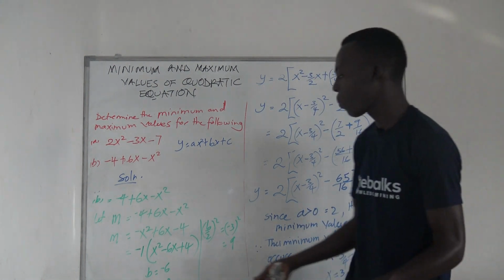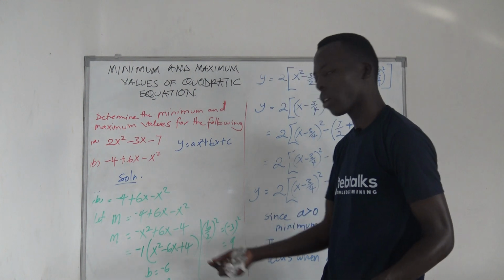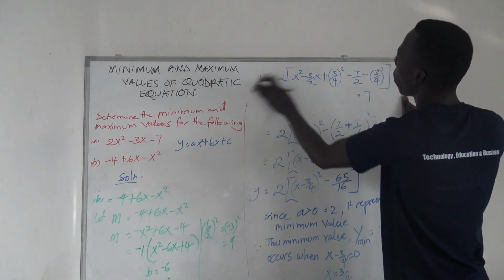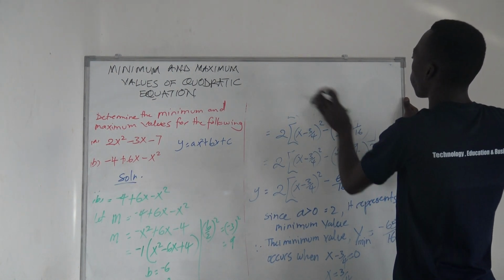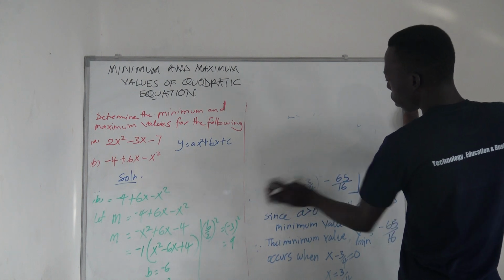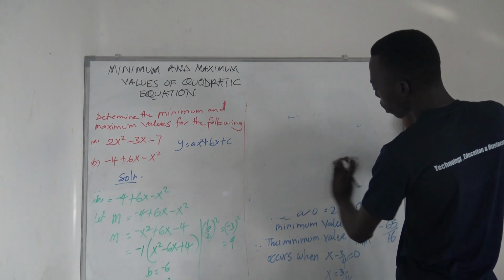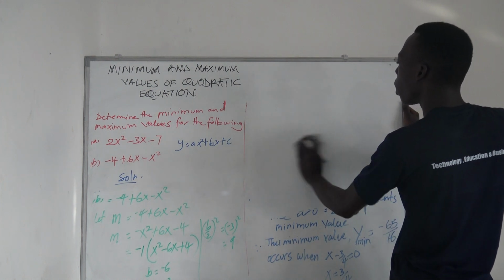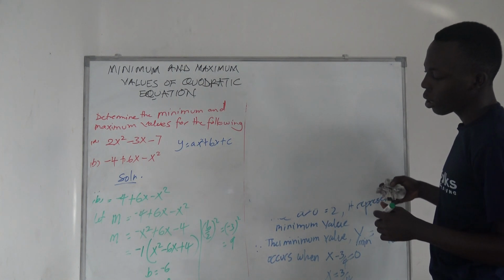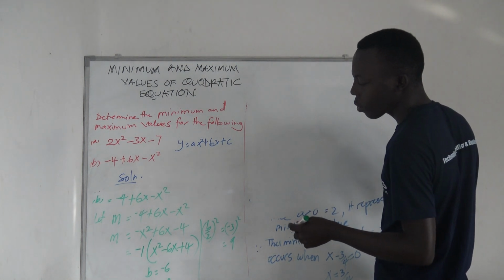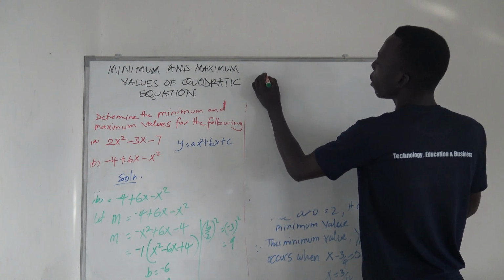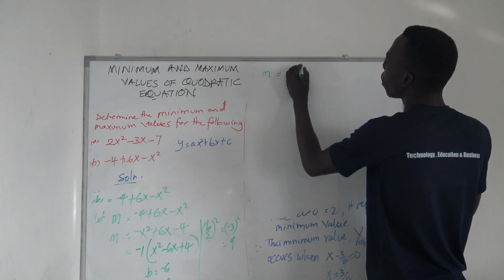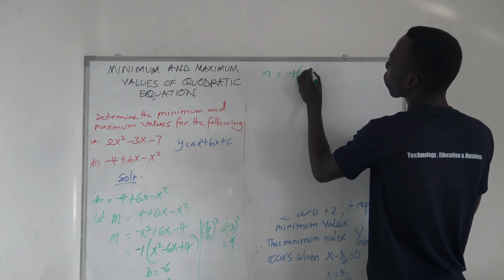So now we are going to add a 9 on this side and subtract a 9 from the other side. So that's where we are. So we have that our m now will be equal to negative 1 times x squared.